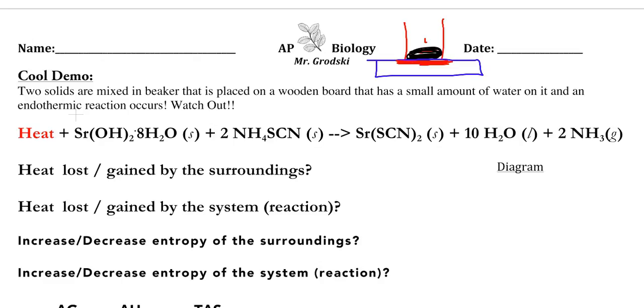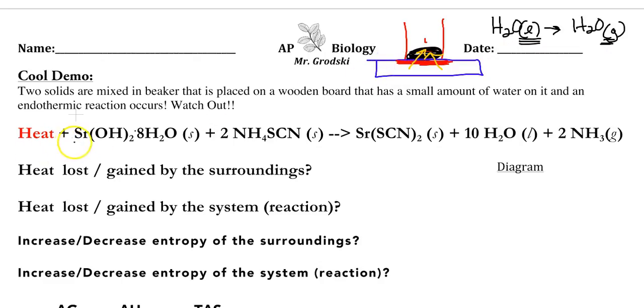How did energy flow to make this occur? Well, we know energy came from the water, so it had to flow upward. How do I know? Well, the H2O liquid underneath became H2O gas. So in order for a liquid, which has so much more energy, to become a gas, it has to lose its energy. So who pulled the energy away?